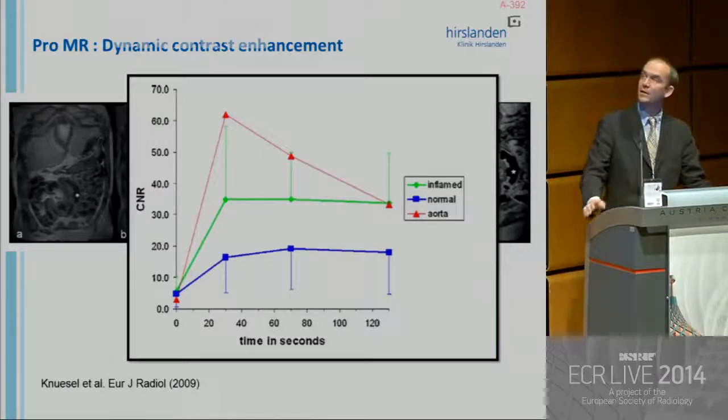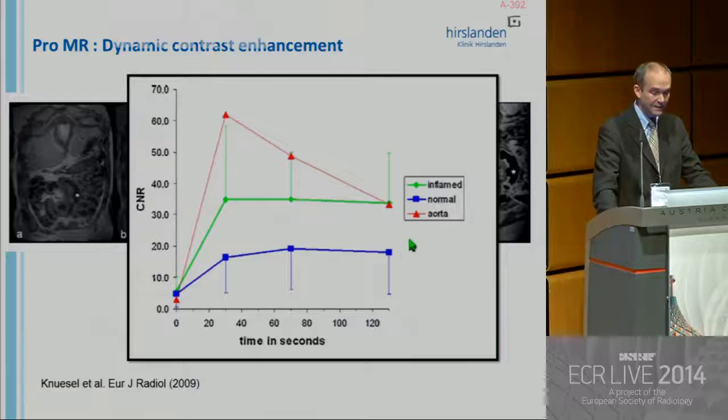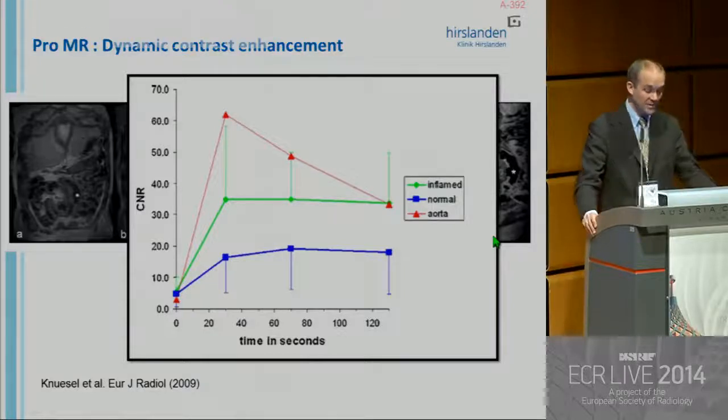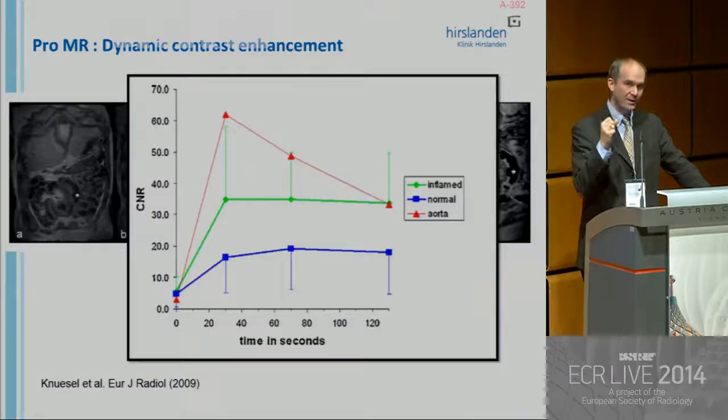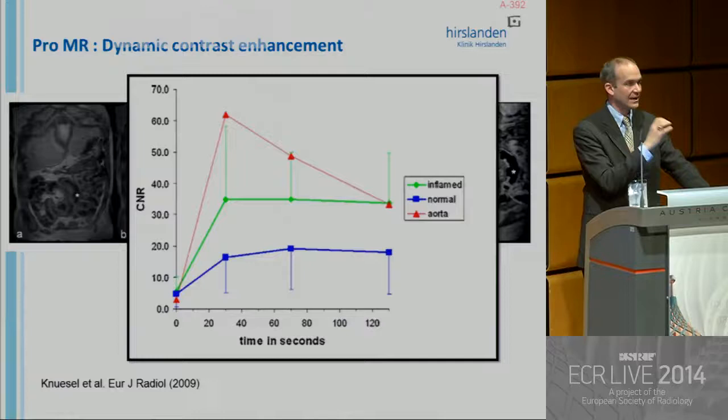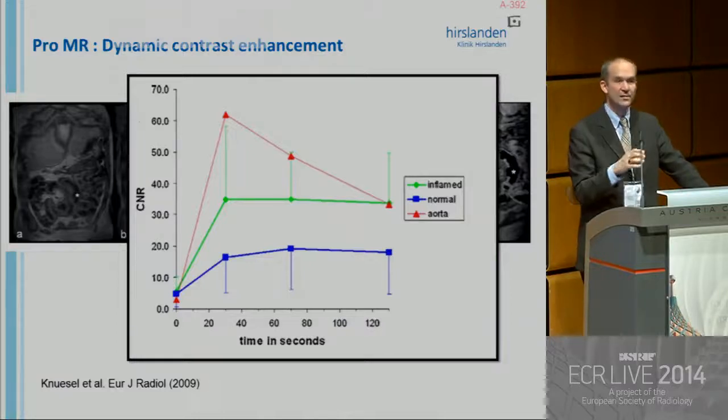If you look at the difference between normal small bowel and inflamed small bowel, and today there are even papers showing that you can separate between fibrotic parts, acutely inflamed parts, and normal parts, just with the dynamic.